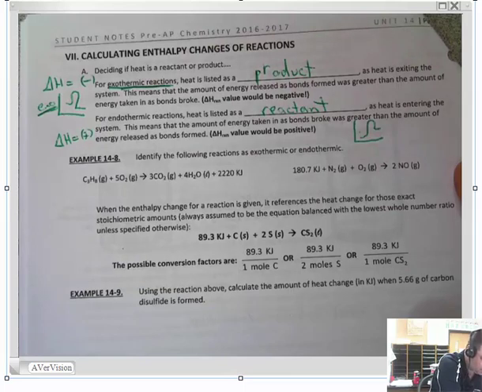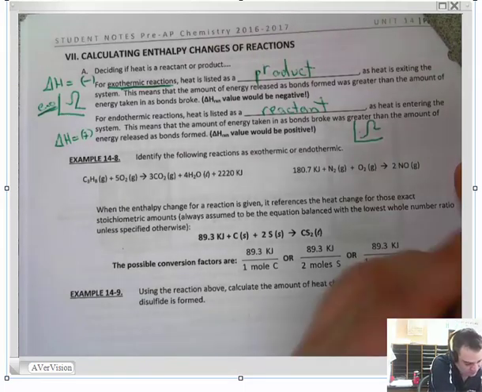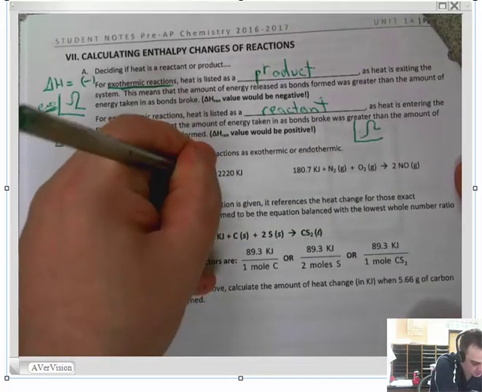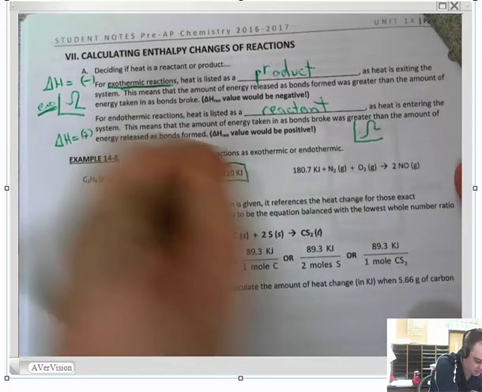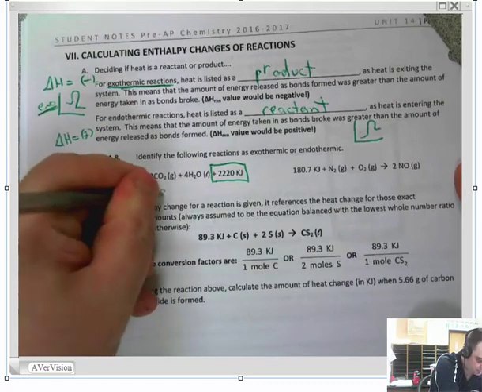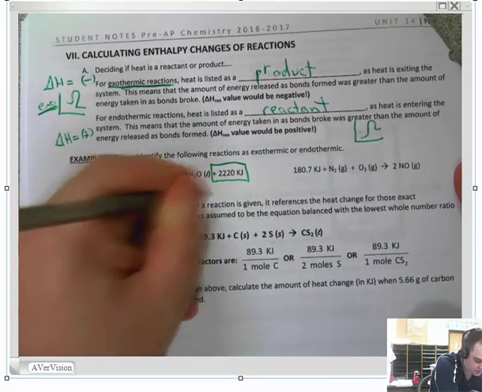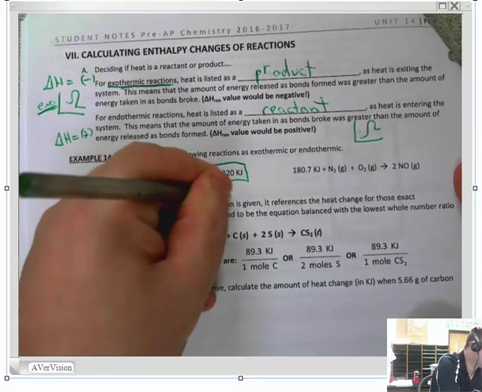Okay? Identify the following reactions as exothermic or endothermic. So here we see that's 2,220 joules in the kilojoules. It's on the product side. If it is on the product side, this is an exothermic reaction.